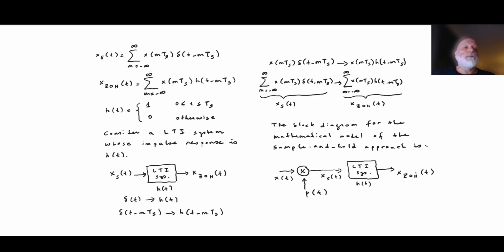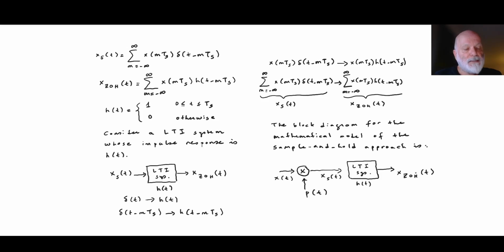because we know that from xs of t we are able to obtain x of t back by means of a simple ideal low-pass filter with cutoff frequency omega s over 2. Of course, provided that we have no aliasing, that means omega s is greater than 2 omega m.